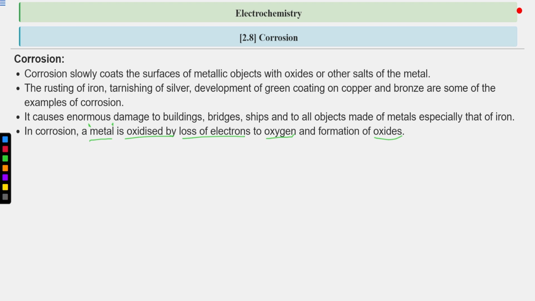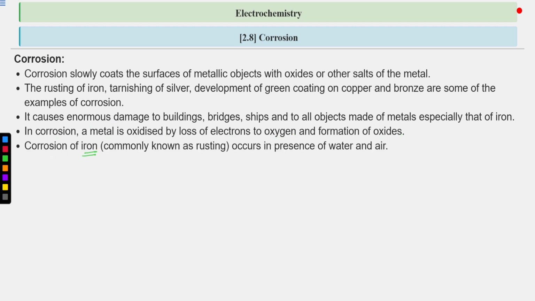Oxidized means it will lose its electrons, and to whom? To the oxygen. Metal oxide will form on the surface of the metal because the metal has just lost its electrons, right? So this is what happens in corrosion.